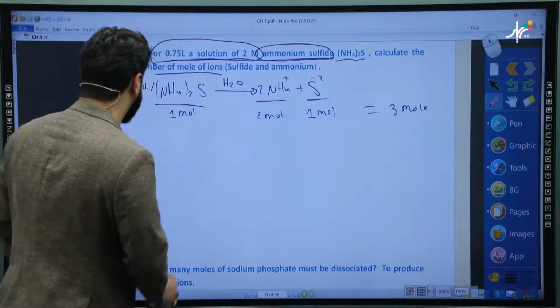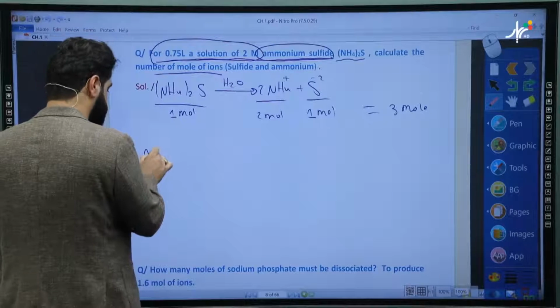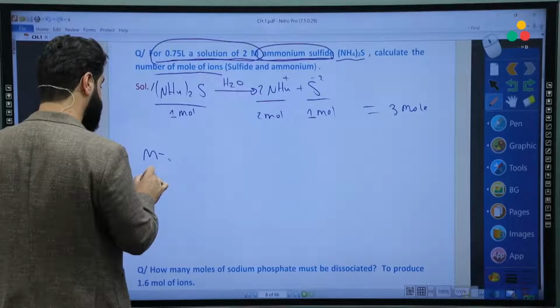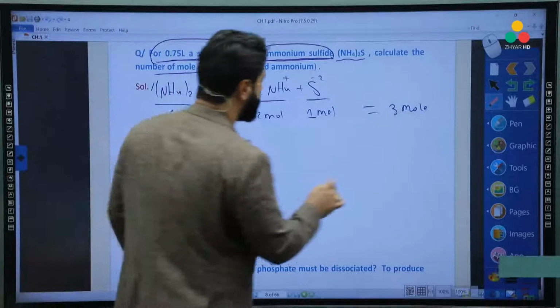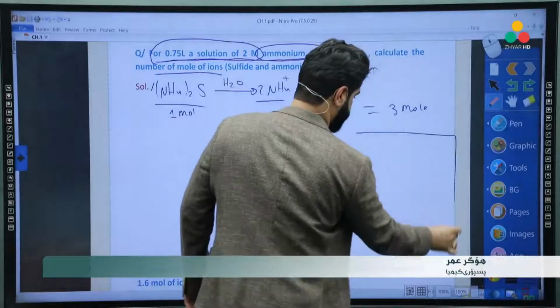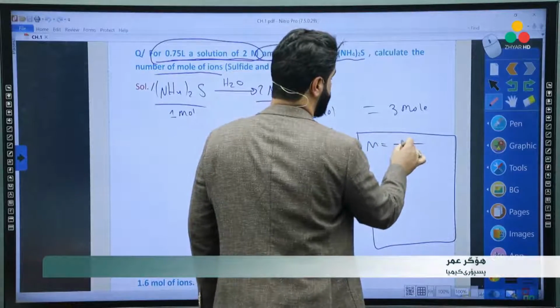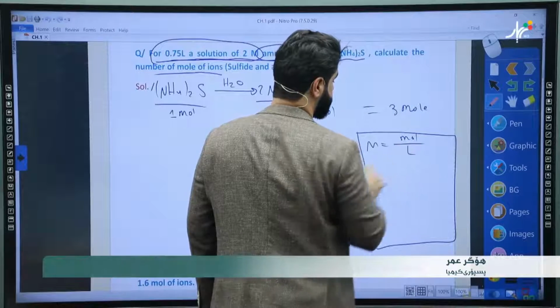Last year, of course. Look, molarity equals moles per liter.